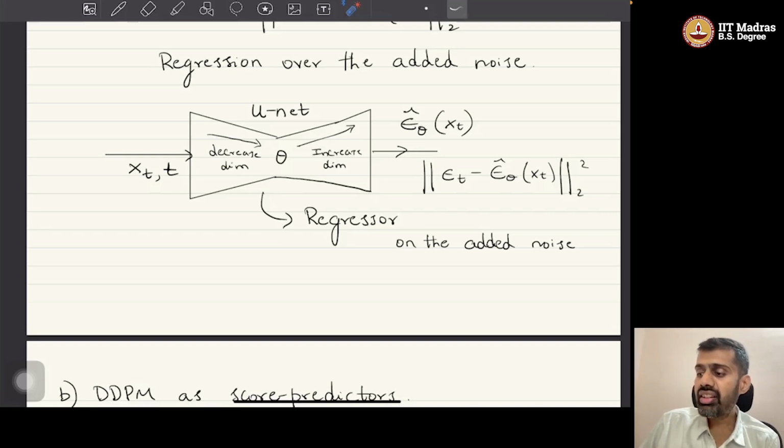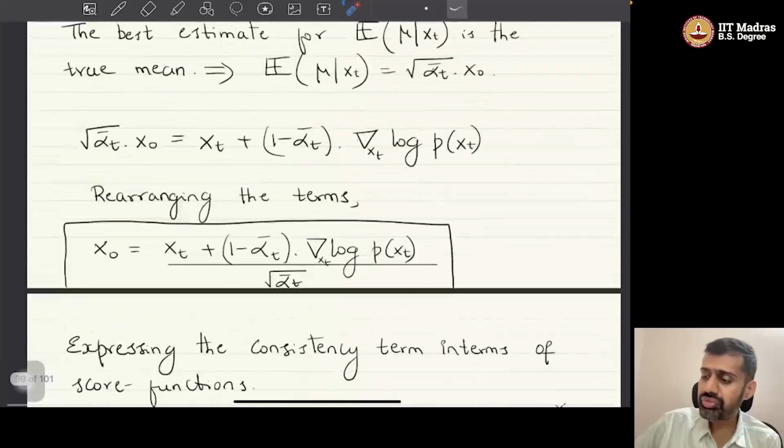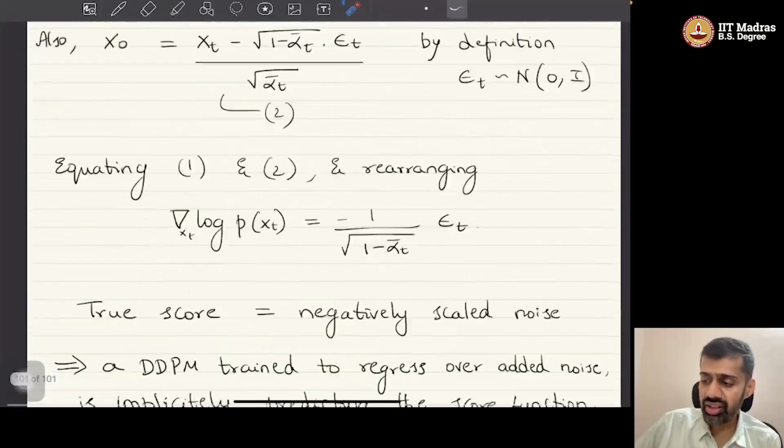Okay, and the most used interpretation of a DDPM is that of a regressor over noise. So it takes xt and t as an input, and what it predicts is the epsilon t, which was the noise that was added to x naught to make it xt. So let us keep this interpretation for our further discussions.